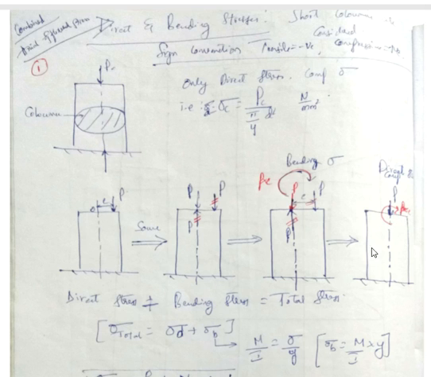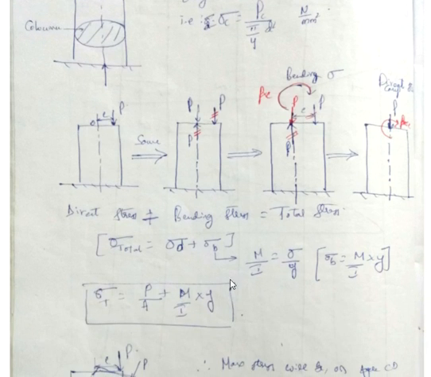Okay, so what I can do is write the total stress induced in this column because of the force P as the summation of direct stress plus bending stress. What is direct stress?